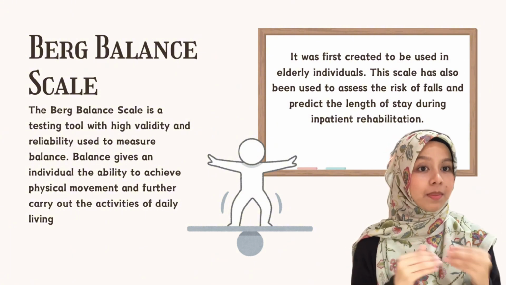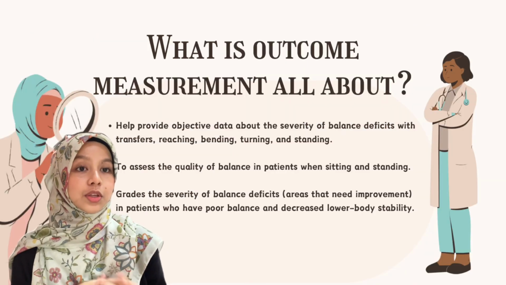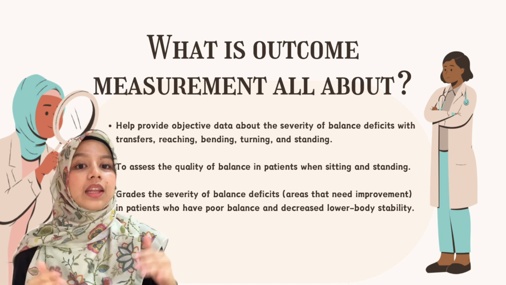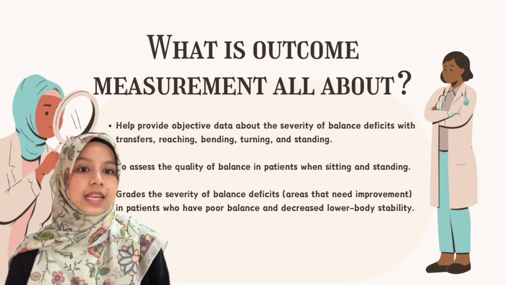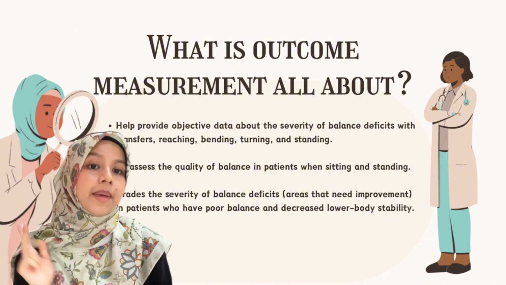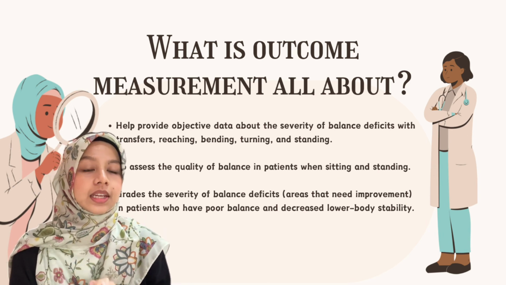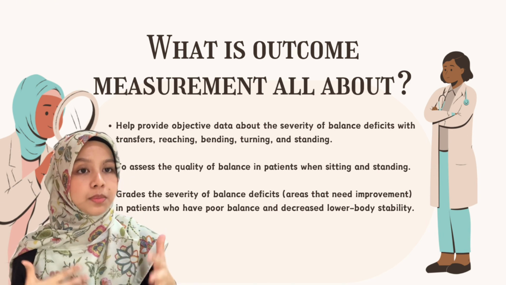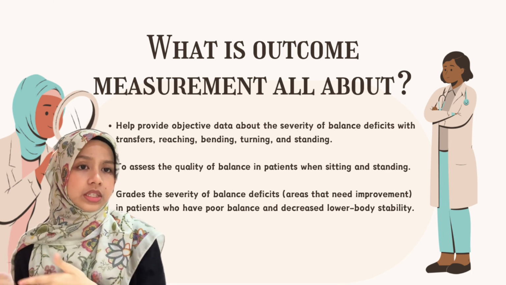inpatient rehabilitation. Okay, so what is the outcome measurement all about? The Berg balance scale helps provide objective data about the severity of balance deficits with transfer, reaching, bending, turning, and standing. And it is useful to help determine if a patient is at increased risk of falls.